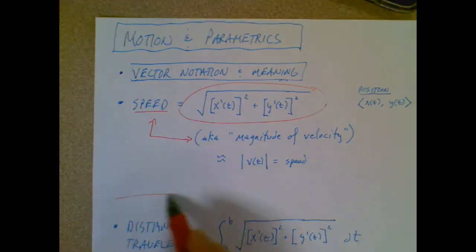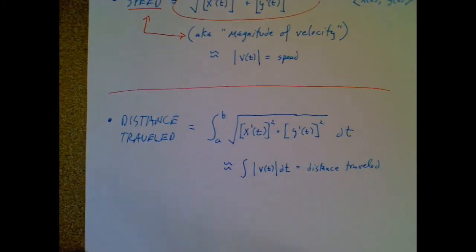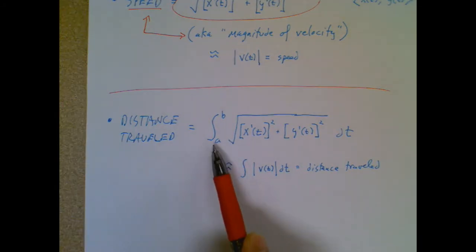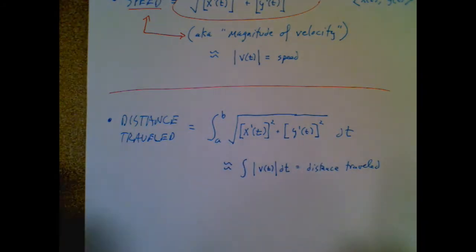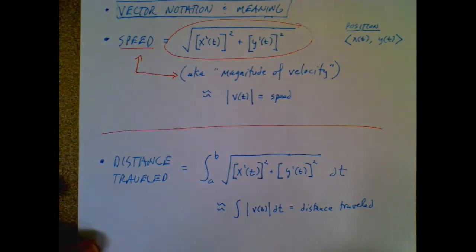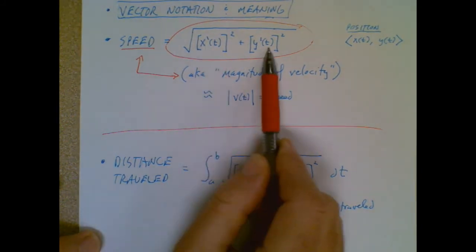The next thing that you're going to want to have to unfortunately memorize and put into the brain is distance traveled. And your distance traveled is going to be an integral, and it's a big old ugly thing. Well, first of all, let's notice this is really that.